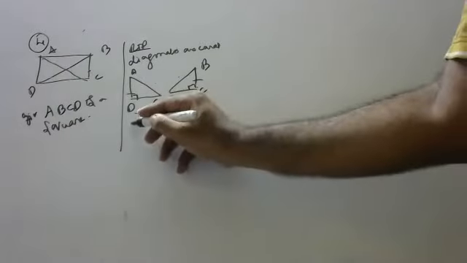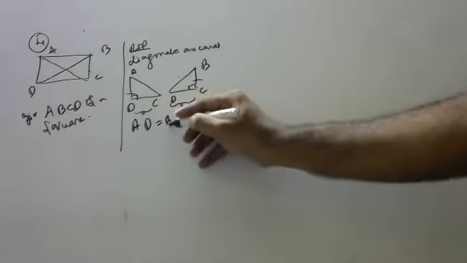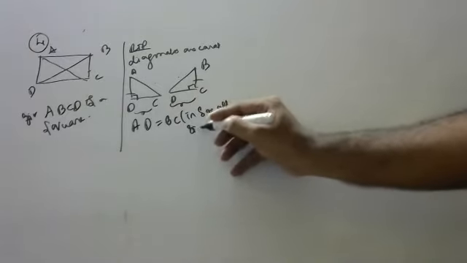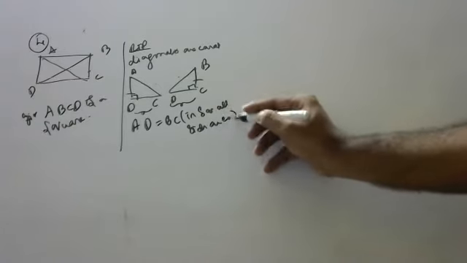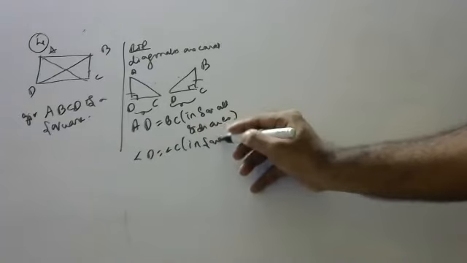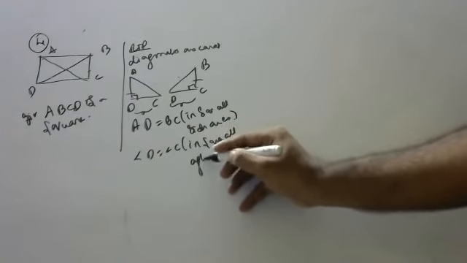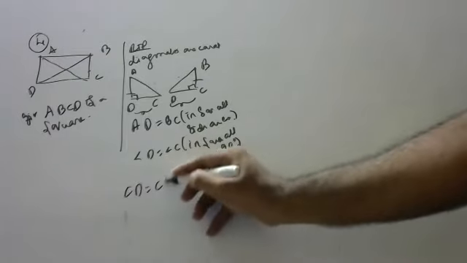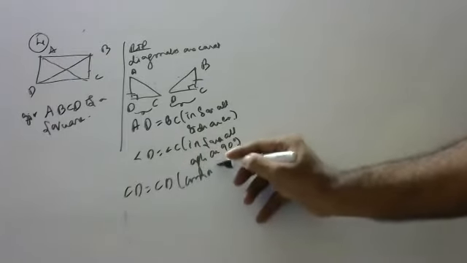So AD is equal to BC because in a square all sides are equal. Angle D is equal to angle C, because in a square all angles are 90 degrees. You should write this. And CD is equal to CD because it is a common side.